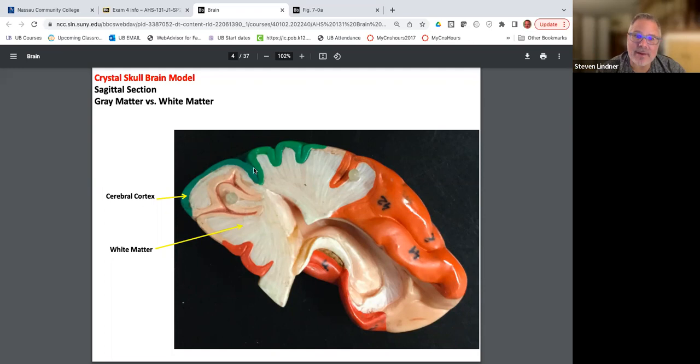The gray matter is more superficial or external. But in the spinal cord, it does the exact opposite, meaning the white matter is more outward and the gray matter is more inward. So the spinal cord and the brain actually do a flip-flop when it comes to where the gray matter and where the white matter is.